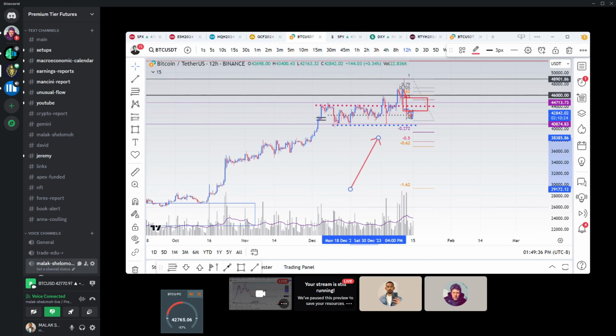So even though the first time here, if we're looking at it, this is a higher low, right? Let me just make this bigger. So this is a higher low. But when we came here above to get bullish above this upper deviation band, we should have gone bullish from here.